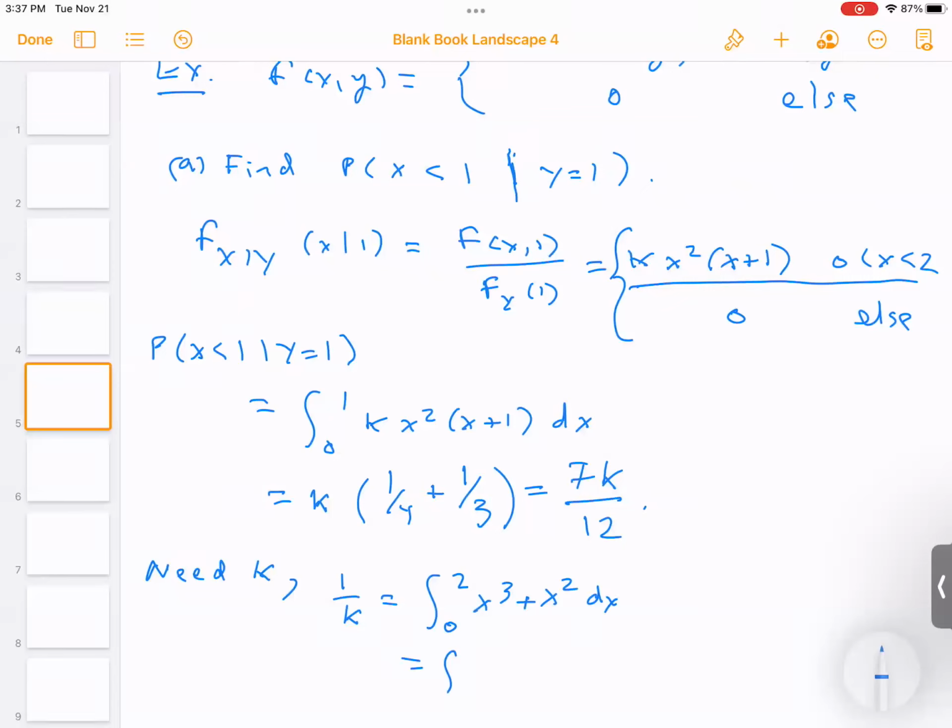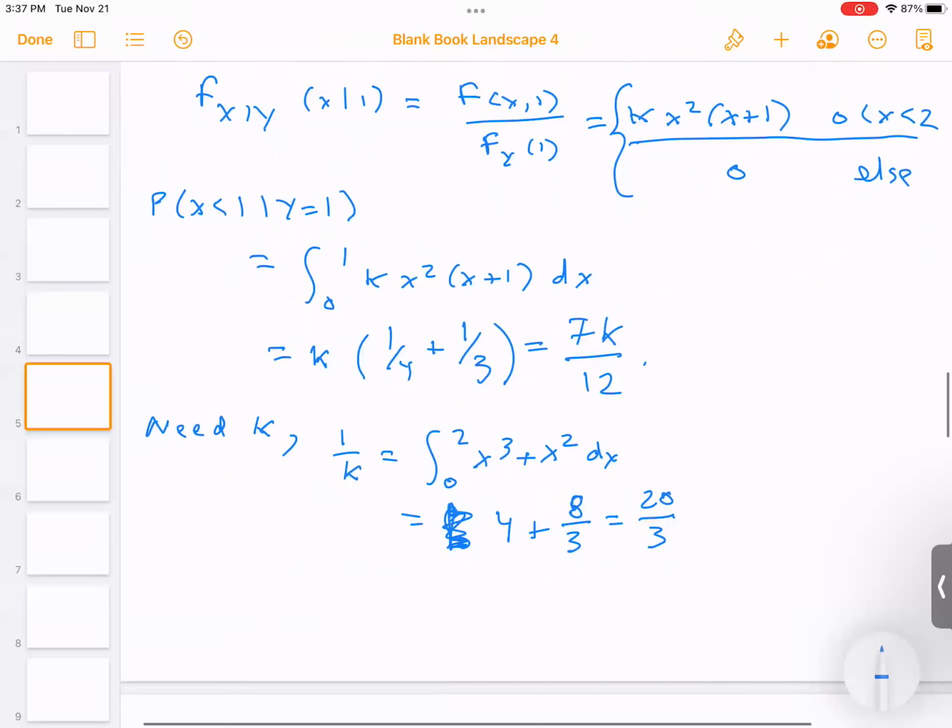We can just do this: x to the 4th over 4 plus x cubed over 3, evaluated from 0 to 2. I get 4 plus 8/3, which is 20 over 3. So k is 3/20.